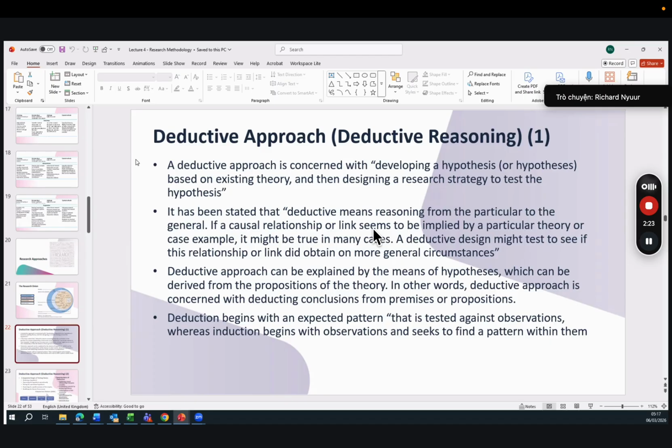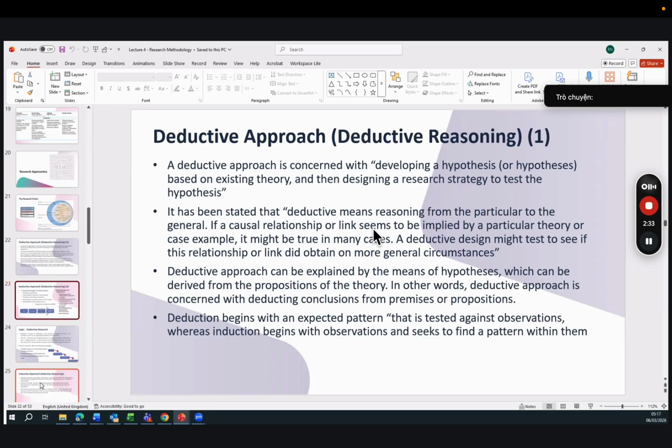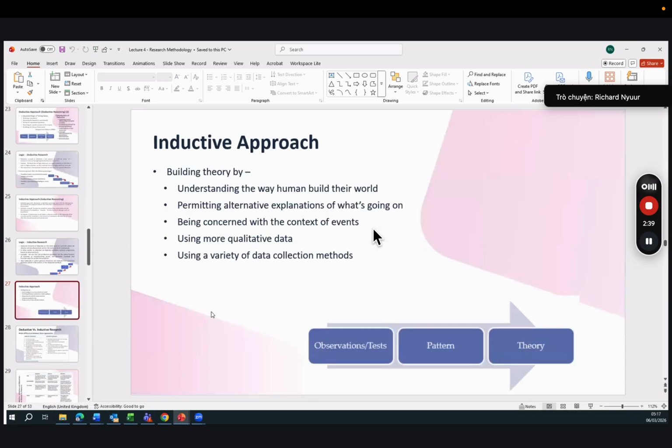You will always have hypotheses tested in that. So that deductive approach is very much aligned to objectivism, very much aligned to the positivism approach, and is pretty much aligned with quantitative data collection methods.